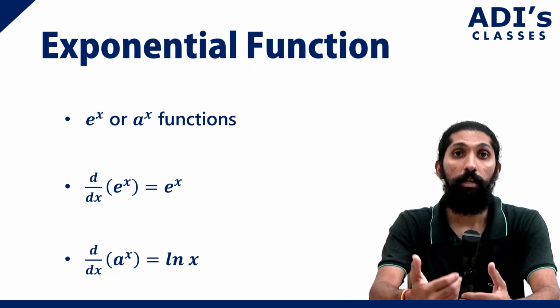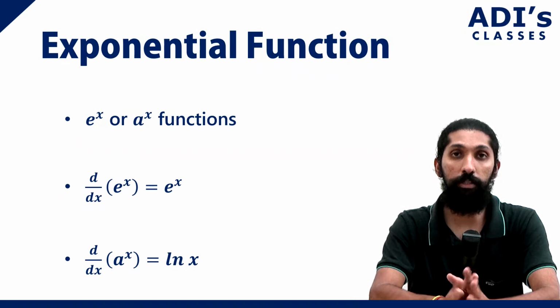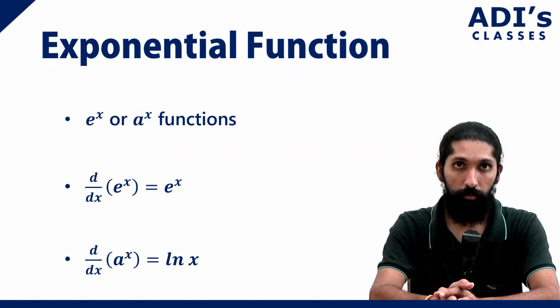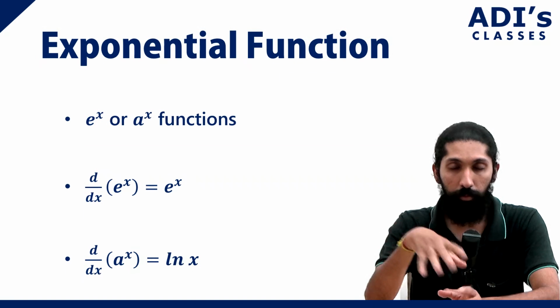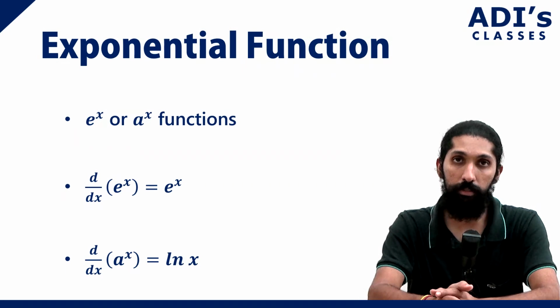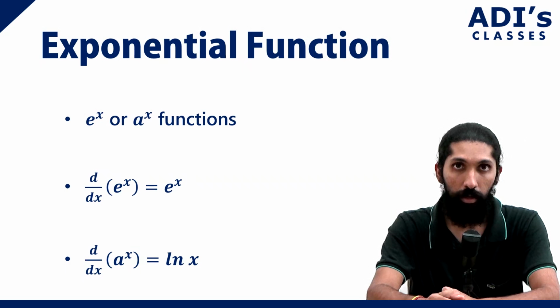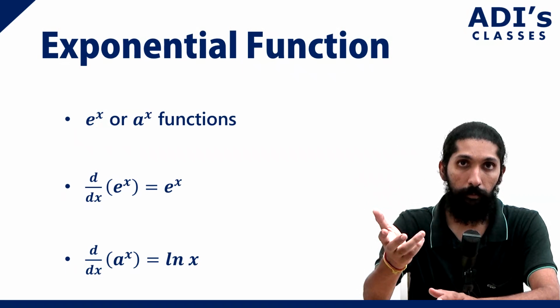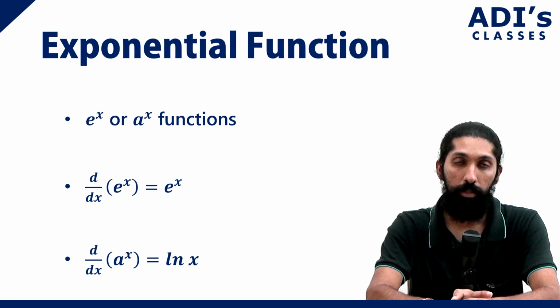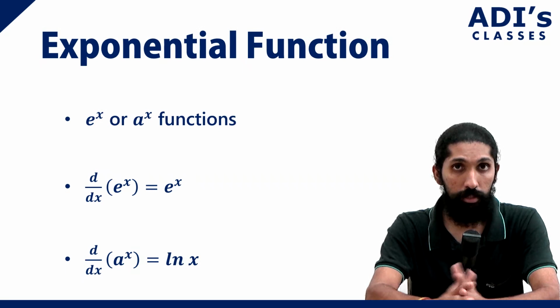This is the derivative of these two, so these two mark the basic exponential functions. And every derivative we do on exponential, like e to the power of 5x or e to the power of x square, is where you apply the chain rule concept. So exponential is this.